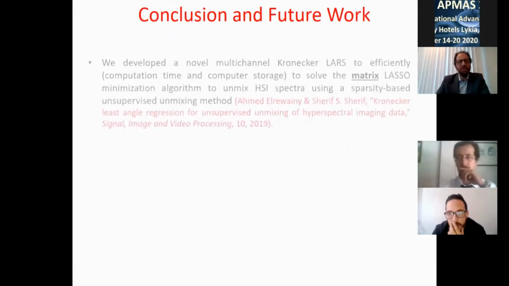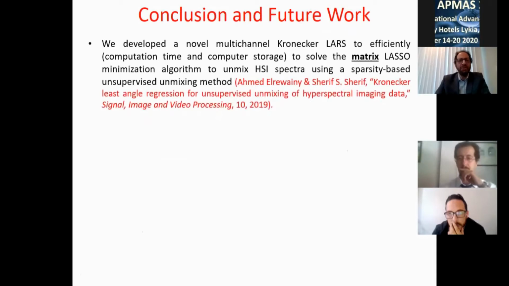The conclusion I'm trying to share with you today is that we developed a novel least angle regression method. This method allows us to use LARS in a practical way for multi-channel data, and hyperspectral imaging can naturally be thought of as multi-channel data.